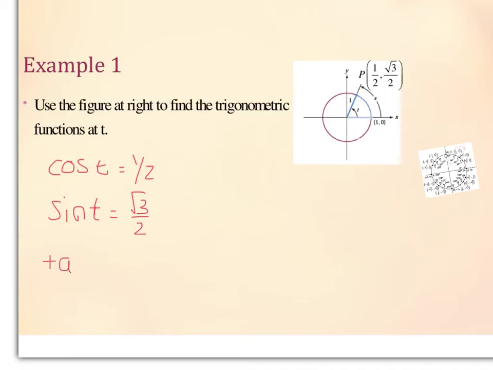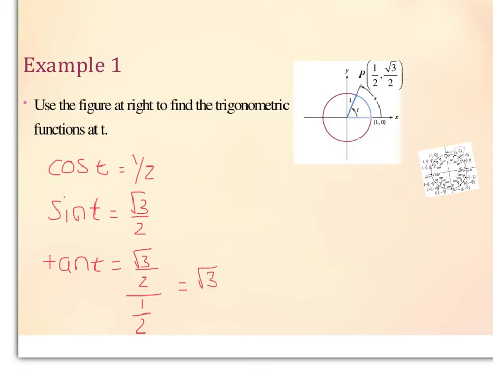And then we have the tangent at t. What is that answer? Okay, Stephania? Good. It's y over x, so I put root 3 over 2 over half. That's correct, and that reduces to square root 3. And now I can just start finding my reciprocals.